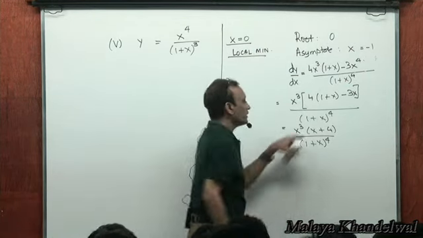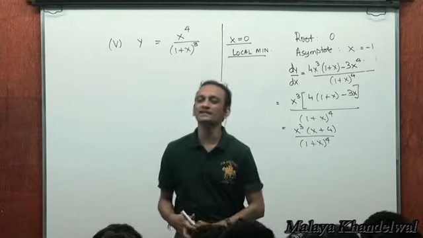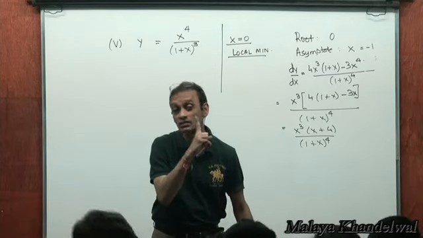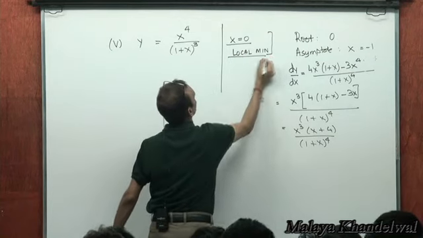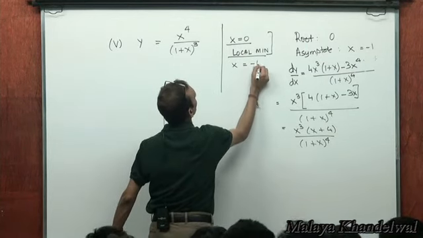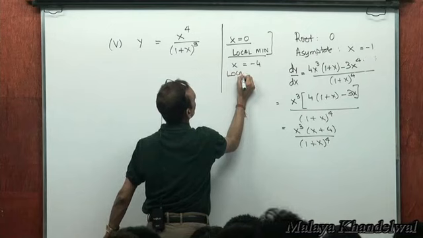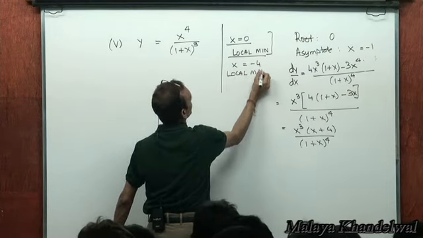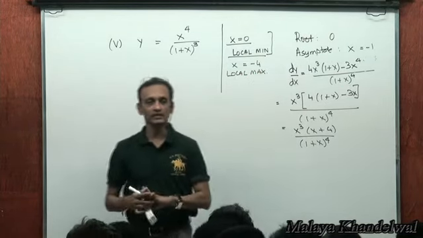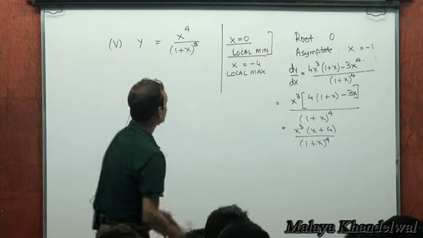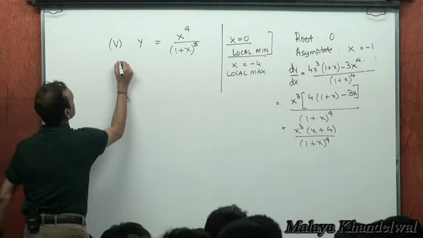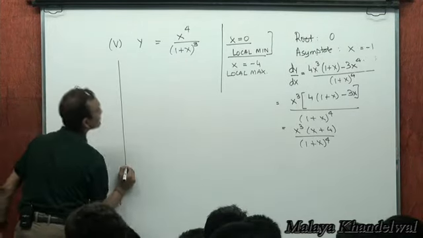And then, even without checking, you can say x equal to minus 4 must be a local maximum. Right? Now, let's start putting it all in place.